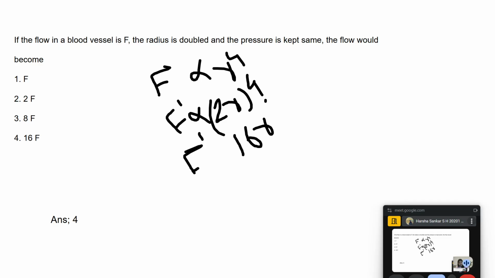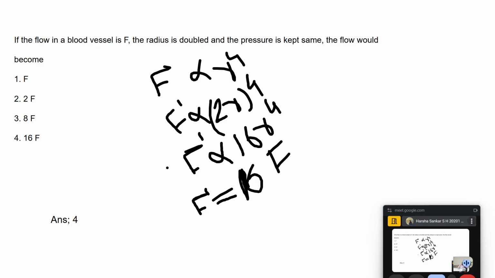So R raised to 4 was F. So we can also write F dash is equal to 16F. Sorry for the lot of writing. Okay, correct answer is 4.